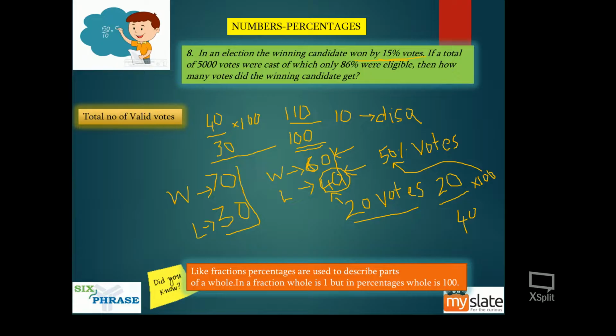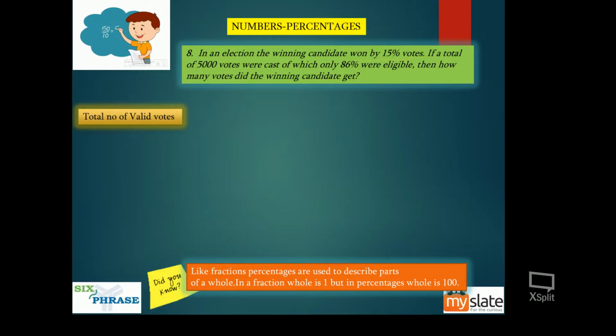Similarly 40 by 30 into 100 would be 4 by 3 of 100, which is 133.33 percentage. The answer is not the important thing, but what is important is you understanding what this 15 percentage means. Now I hope you understood what 15 percentage means.